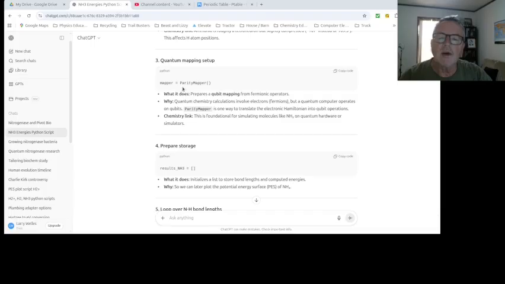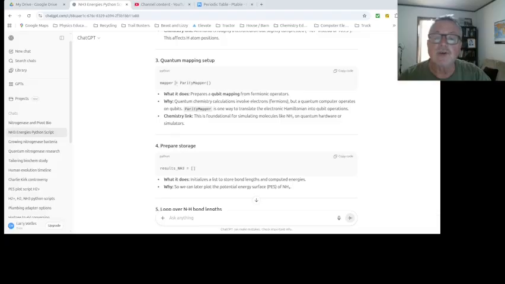Somehow we have to map what we're doing to qubits, because after all, it's a quantum computer, so there have to be qubits involved. So the fermions, which are the electrons, it's a fancy general term for electrons and other things that are fermions, and those get put into this mapping situation.